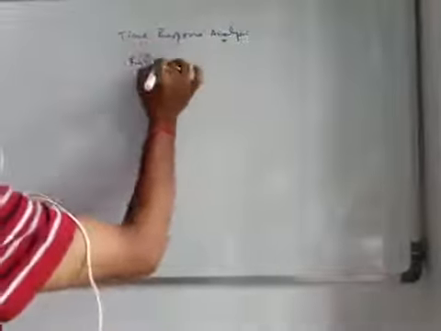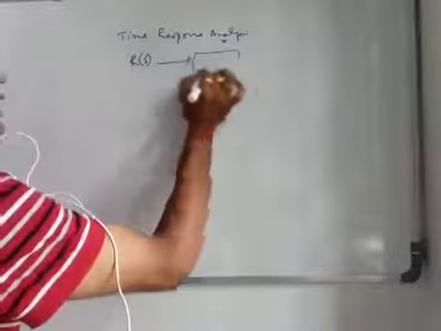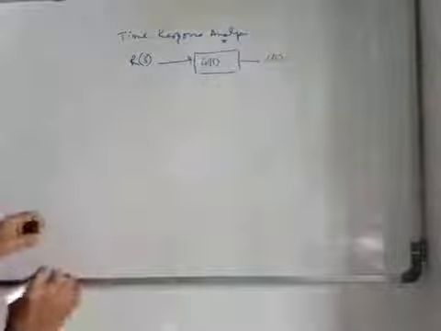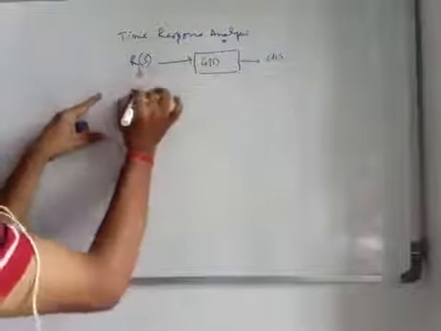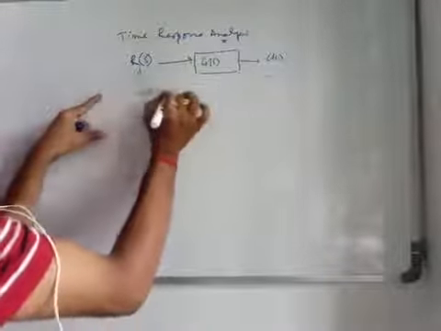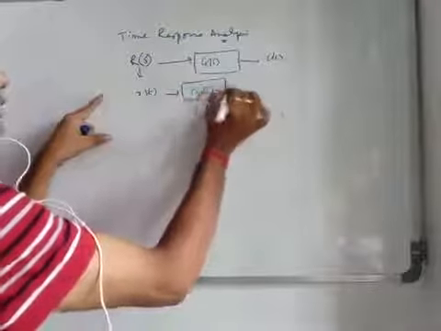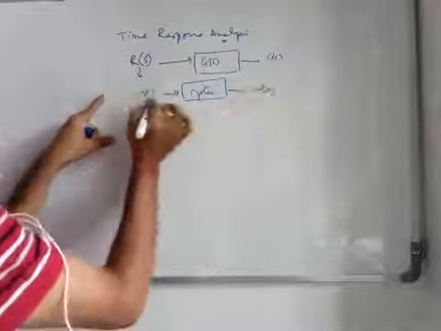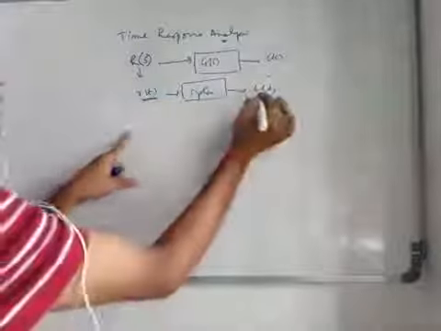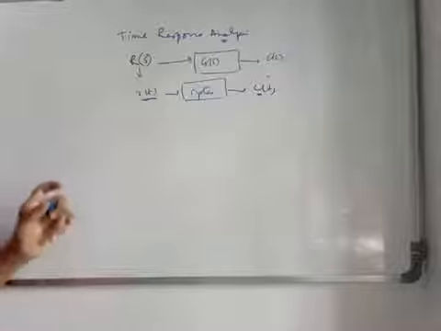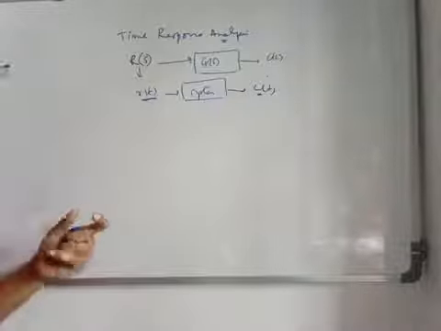So basically this is R(s), this is G(s), and this is C(s), as you know. Now this R(s) in time domain is r(t), and this is your plant or system to get your c(t). So this is a function of time, and this is a function of time, because in nature, everything is a continuous function of time.